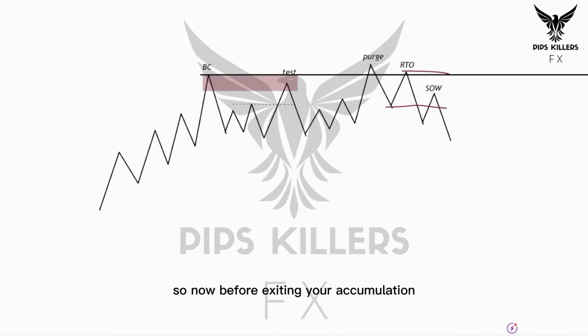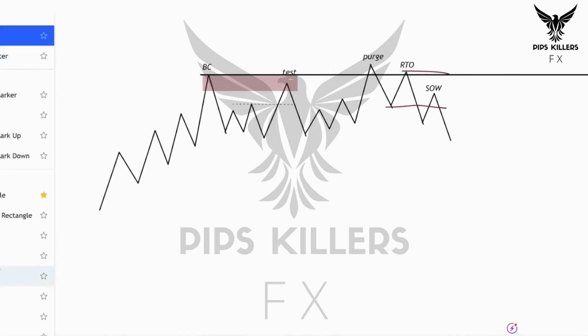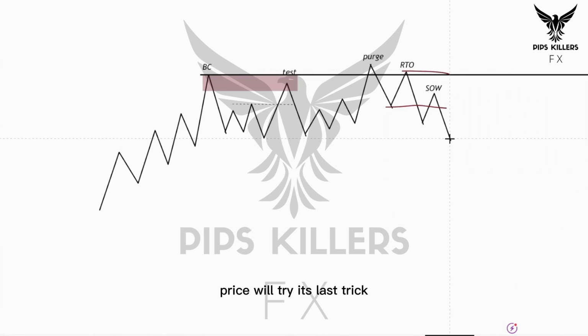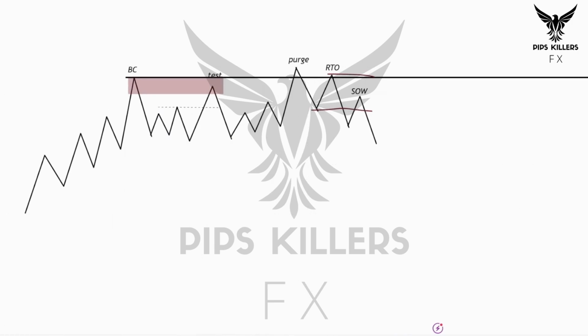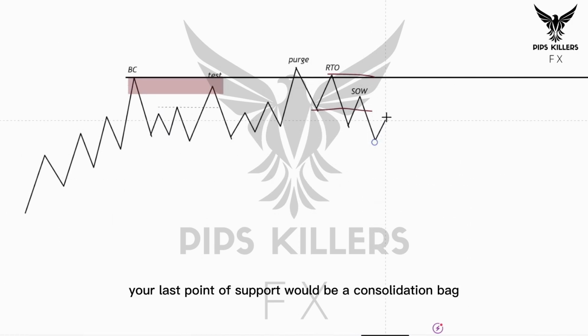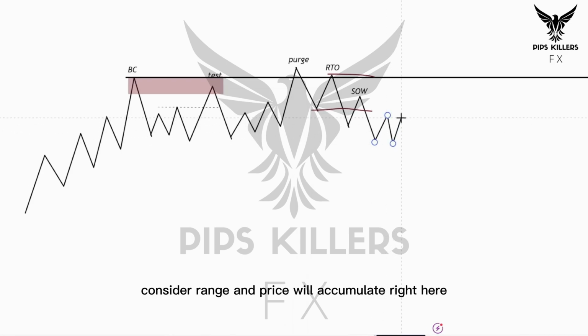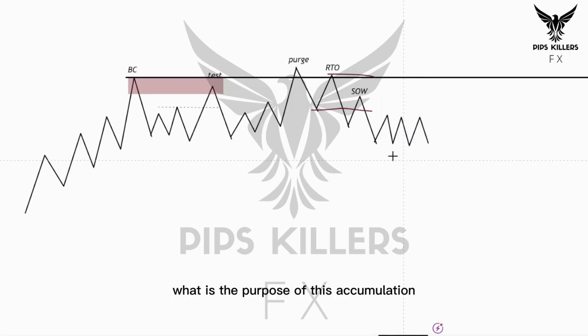So now, before exiting your accumulation, price will try its last trick, which will be your last point of support. Your last point of support will be a consolidation back into the range, and price will accumulate right here. What is the purpose of this accumulation? This is basically your last support.